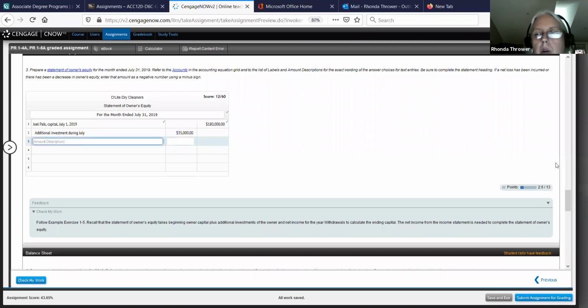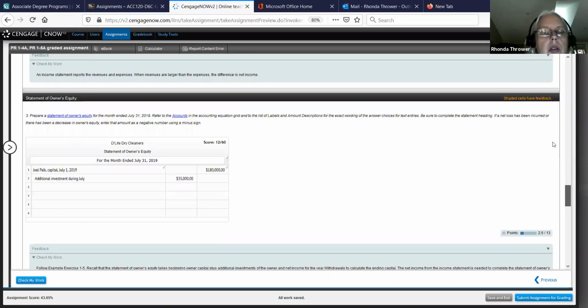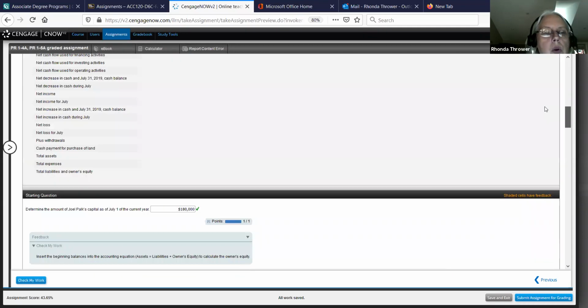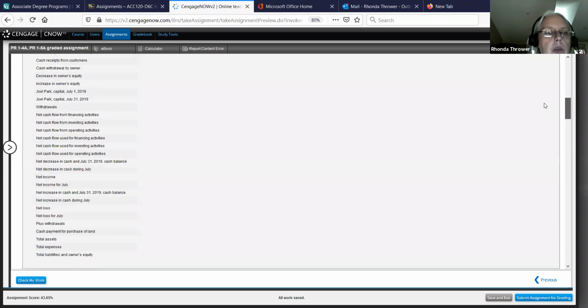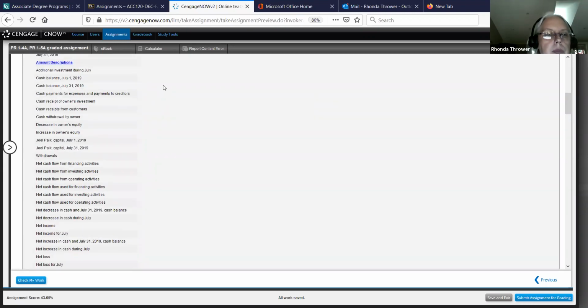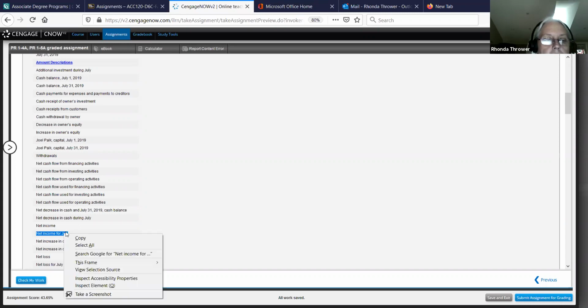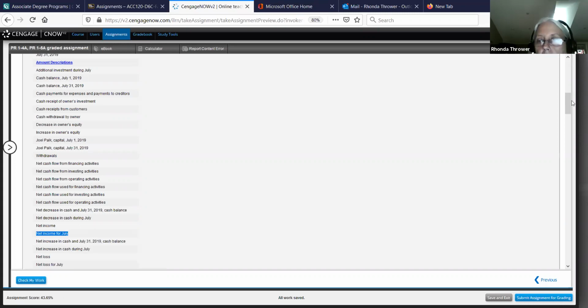So for our amount description here, we're going to look for something that says something about net income in it. So here's our amount descriptions. Choose from this list. And there's the net income. And actually, it's really picky here. They want the net income for July. But technically, it should be net income.